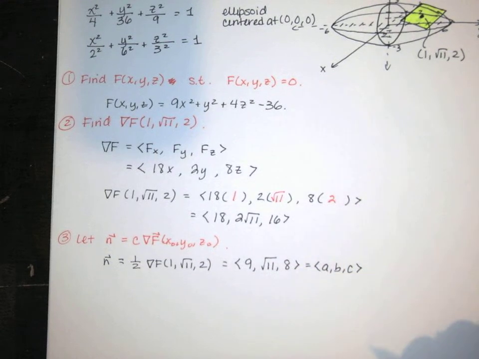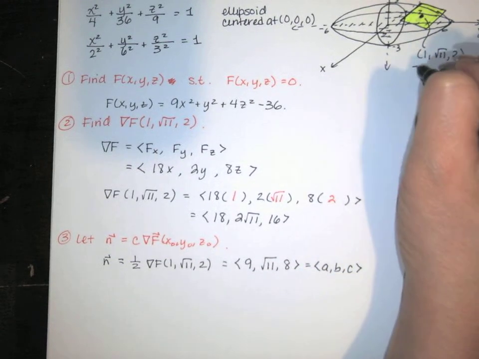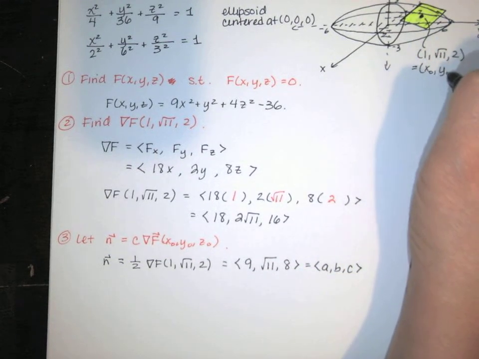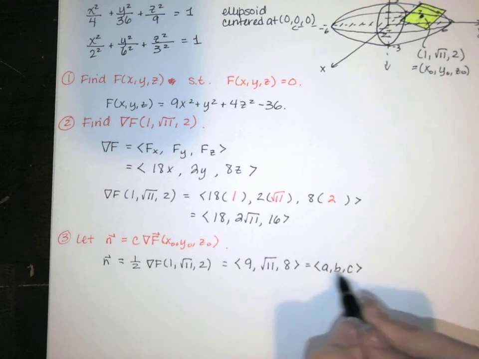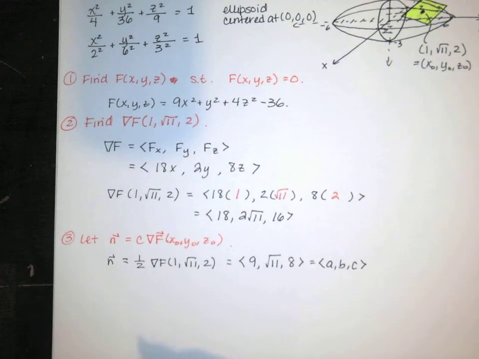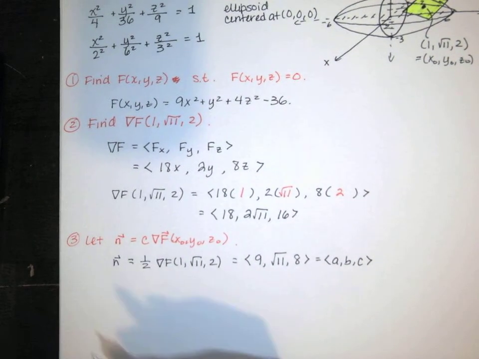So we've got a point, x naught, y naught, z naught. It's right here. We've got a vector A, B, C with components right there. You just substitute those into the equation of a plane.